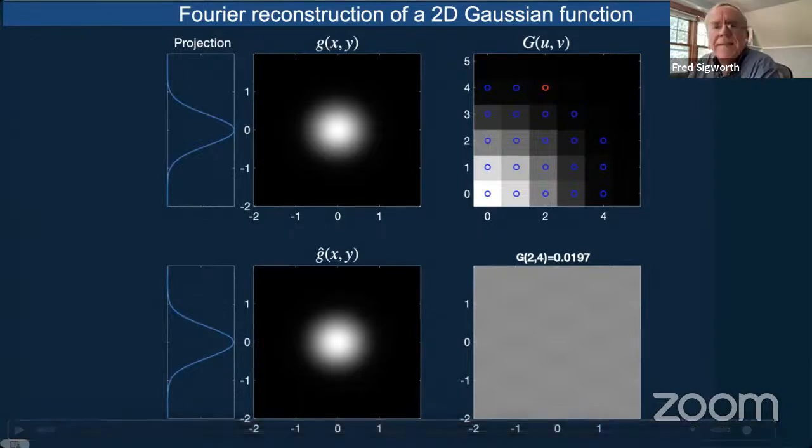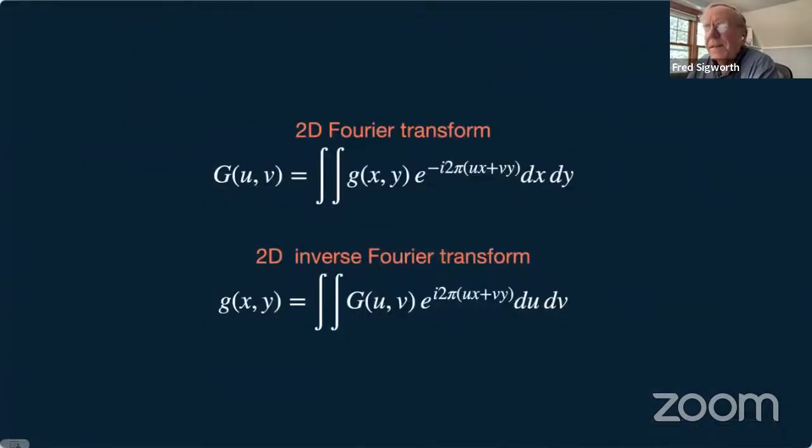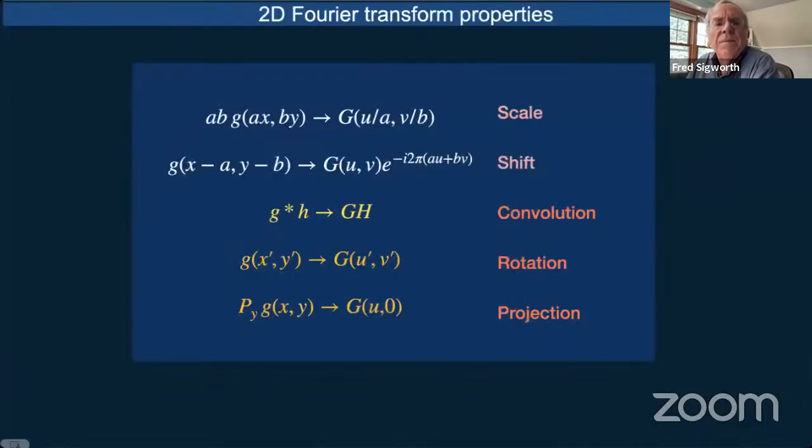Okay, so it's the same idea. We are reproducing the original function by adding together sinusoidal components. And in case you like this stuff, it's exactly the same formula, except that now we have x and y in it, and we have u and v in it. So u and v are the 2 frequency variables, x and y are the 2 spatial variables.